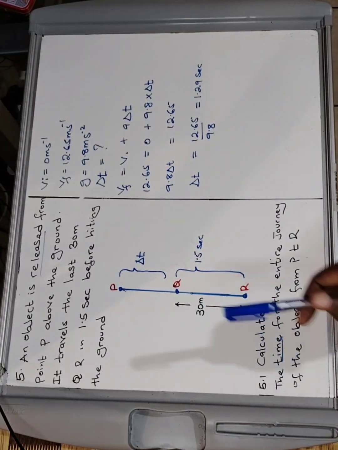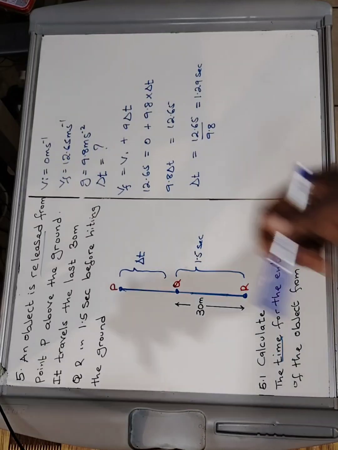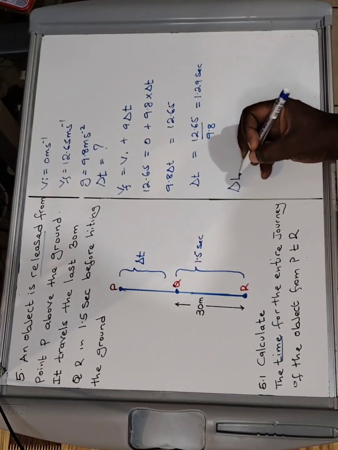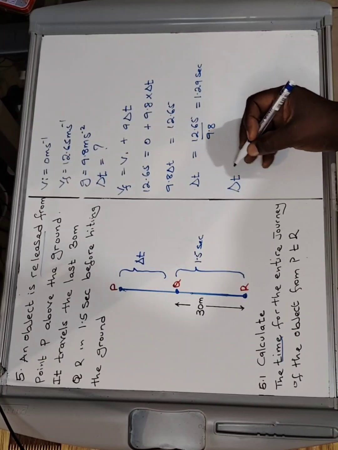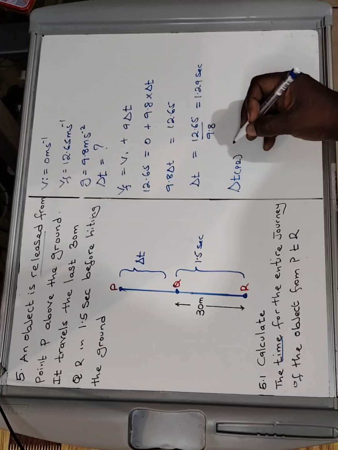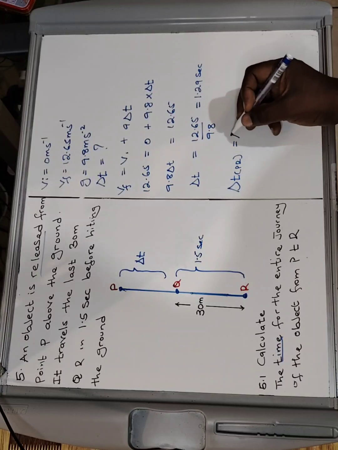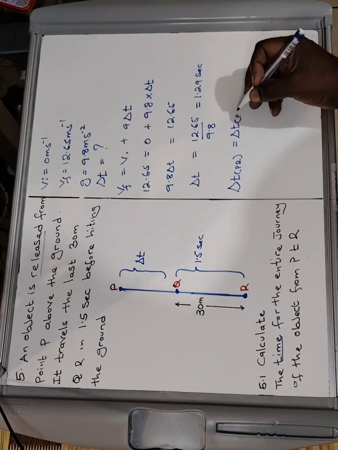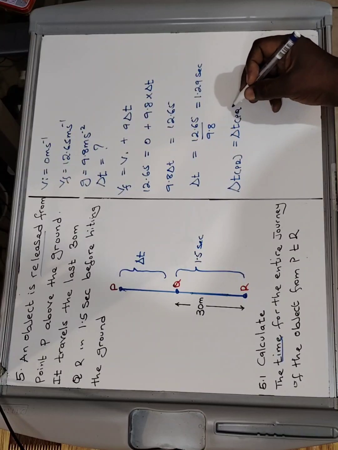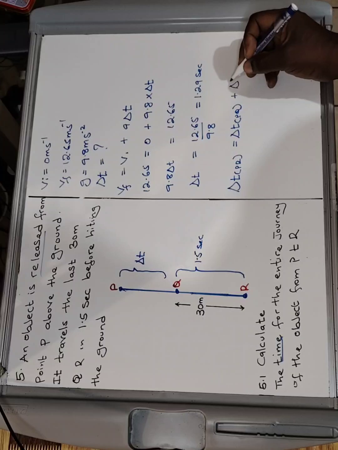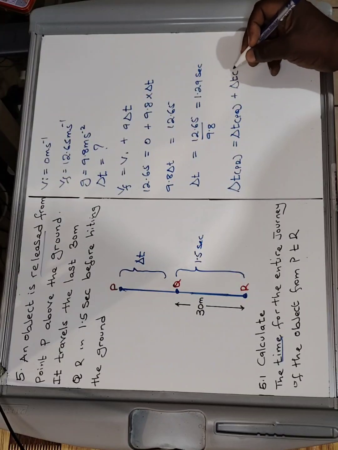What do we do now? We find the sum of the two. In other words, our delta T for PR is equal to delta T for PQ plus delta T for QR.